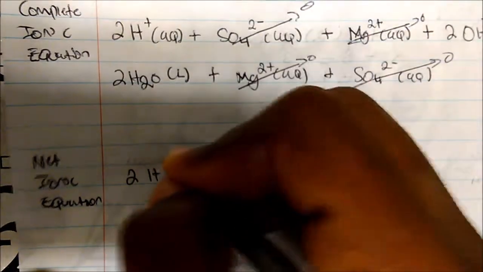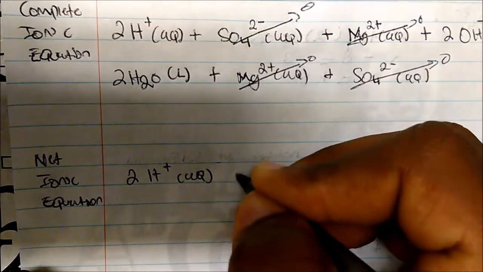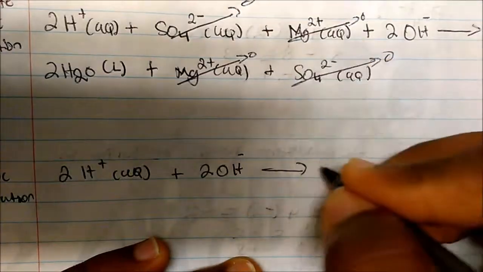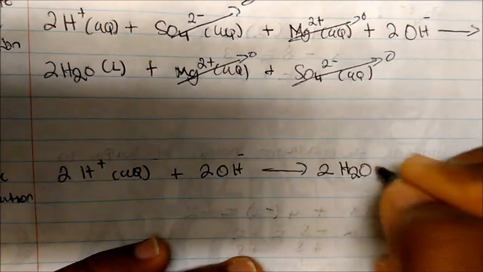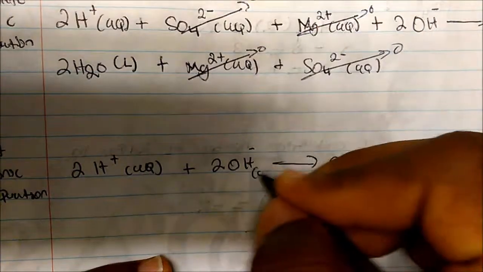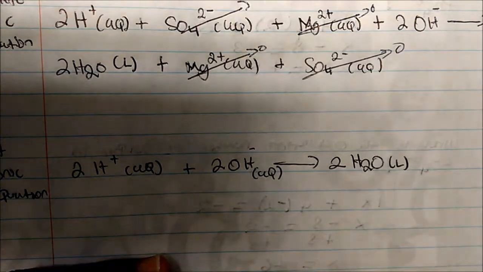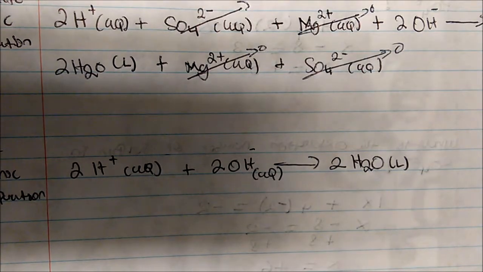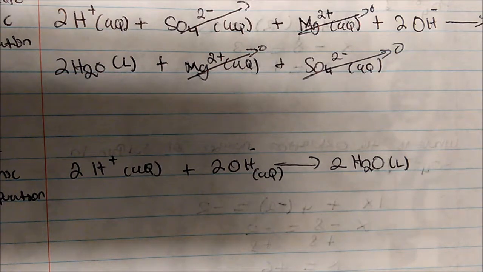So this will give me 2 moles of H plus aqueous plus 2 moles of hydroxide minus, and that will give me 2 moles of H2O liquid. I forgot my subscript. Notice again, I get water as the net ionic equation. So this is how we deal with the molecular equation, complete ionic equation, and net ionic equations.